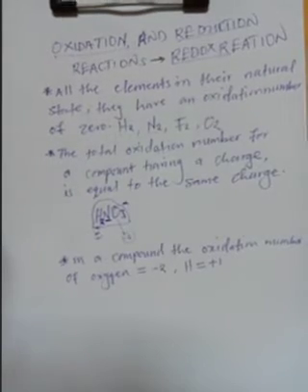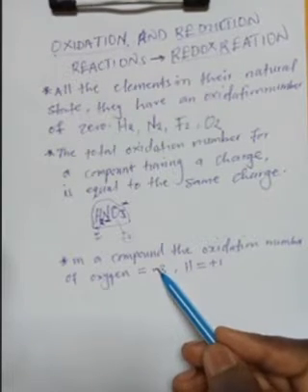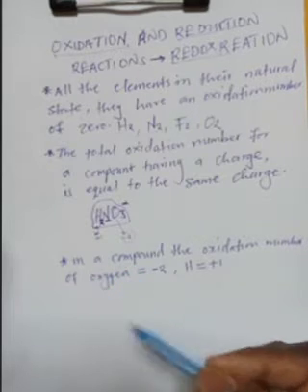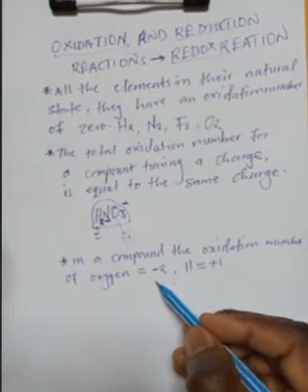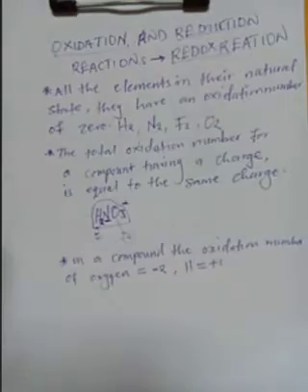When writing oxidation numbers, we always put a sign in front of a number. If the oxidation number for this one is 2, you have to put plus. You don't write a 2 alone.